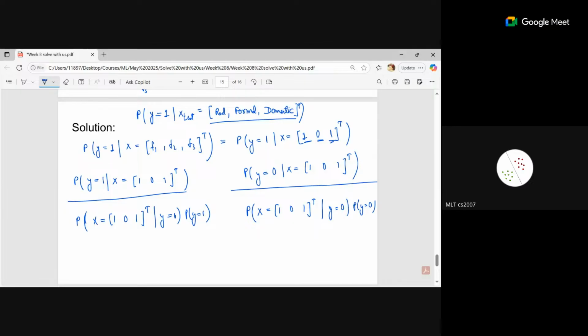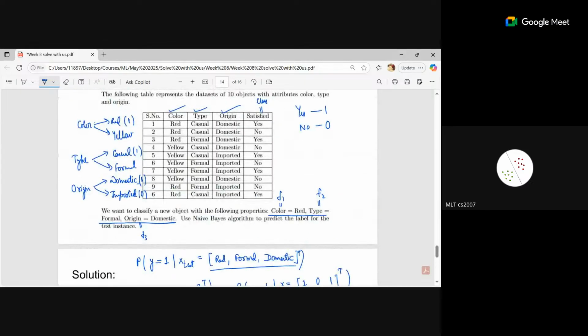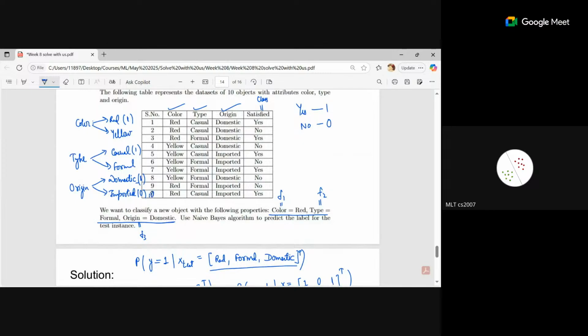So from the table, let's first find out Y is equal to 1 and Y is equal to 0 by estimating. There are 10 examples, and out of these 10, I can see 5 taking the label class as yes.